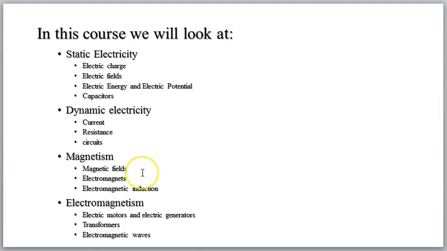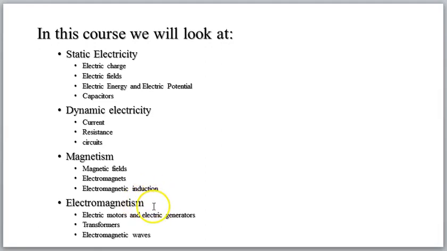So with magnetism, we're going to be looking at magnetic field. We'll look at electromagnets, how current can create a magnet, or create a magnetic field. A moving charge can create a magnetic field. And then we'll look at electromagnetic induction, how a moving magnet or a changing magnetic field can create an electric current.